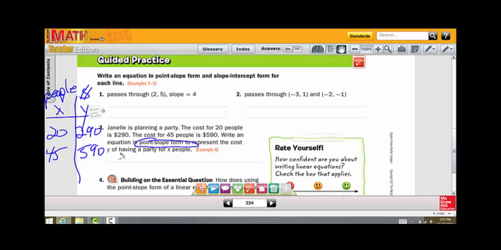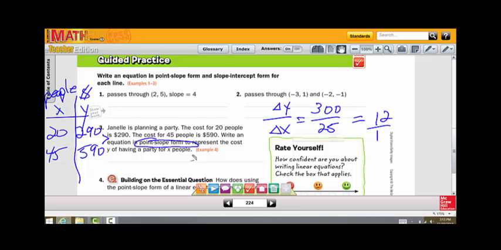But now we need the slope, and I think most kids see it easiest here. So we'll use our change in y over change in x. Change in y, it rises from 290 to 590, that's 300. The change in x goes from 20 up to 45, that's a rise of 25. Divide 300 by 25, and you get a slope of 12 over 1, or 12.